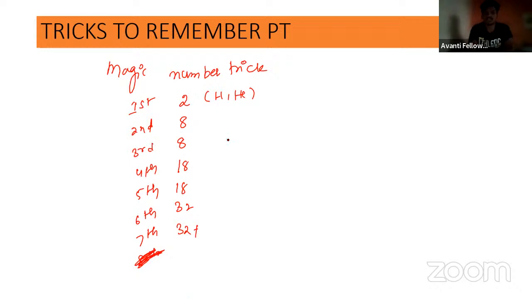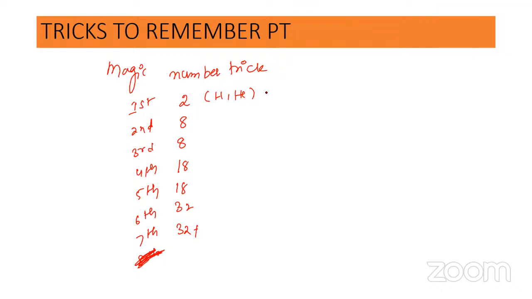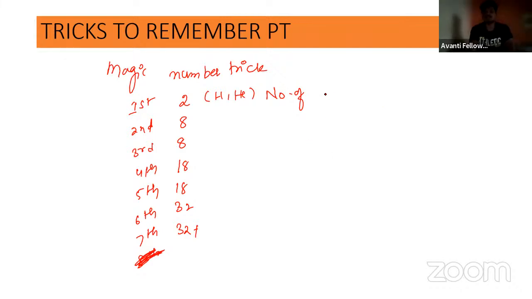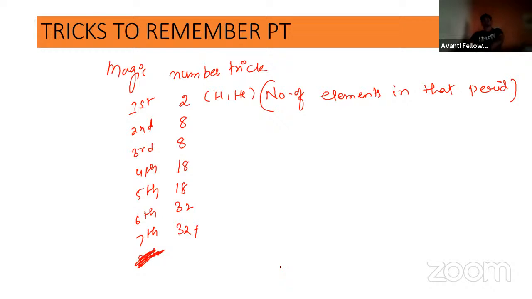So this is the magic number trick. It will give you the number of elements in that period. Sir, after knowing this, what can I do?